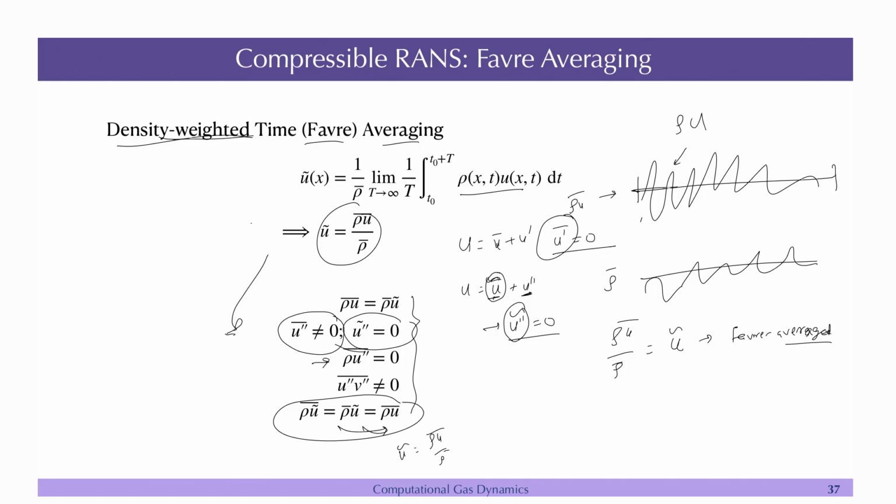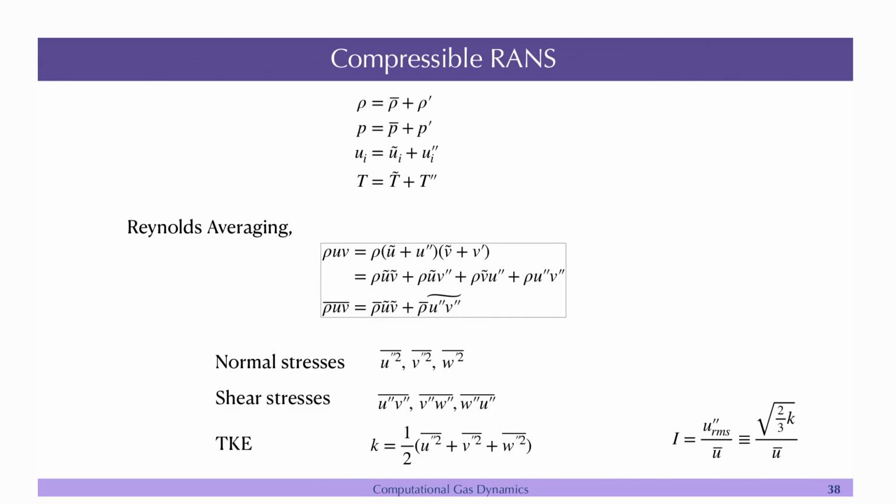Okay, so, I will not go into detail on that, but now what you can do for, let us say, density and pressure, you can take this Reynolds averaging, and for the velocity and temperature you can take this Favre averaging. You can see that for the Favre average we have tilde and this double fluctuation, and for the density and pressure we have this bar plus single fluctuation or the single prime, which is basically indicating the Reynolds averaging.